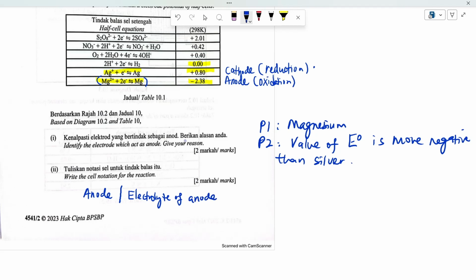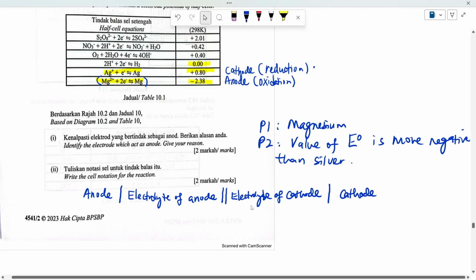Then double line. Double line shows the porous pot or the salt bridge. It is separated. Then the electrolyte of the cathode. Then 1 line, then the cathode electrode.